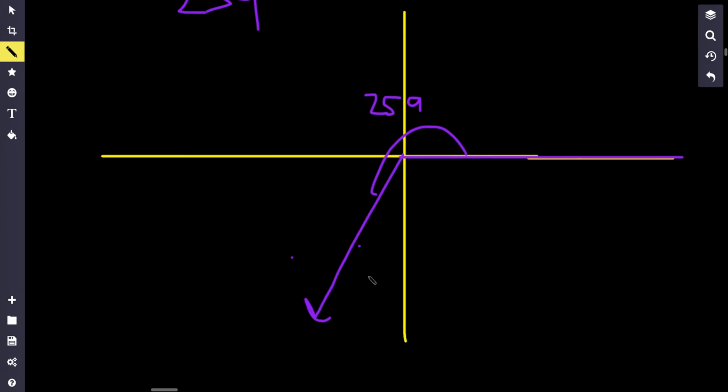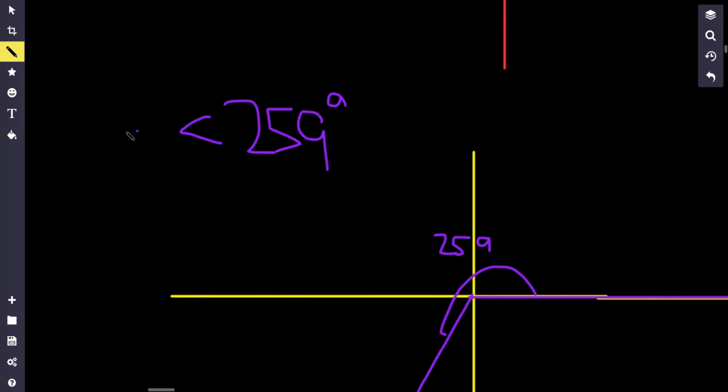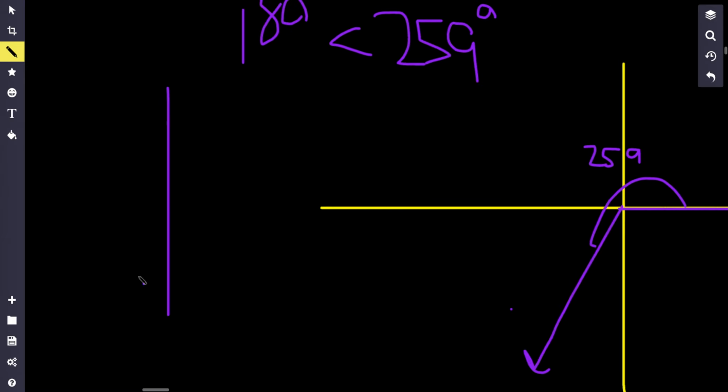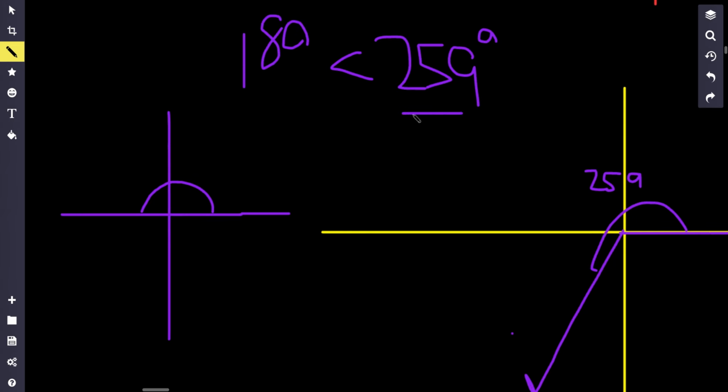And the reason why I know that it's in the third quadrant is because 259 is greater than 180 degrees, which means it must be past the second quadrant. If you have a 180-degree angle, it lands between the second and third quadrant, and obviously 259 is greater than 180, so it has to land right here.